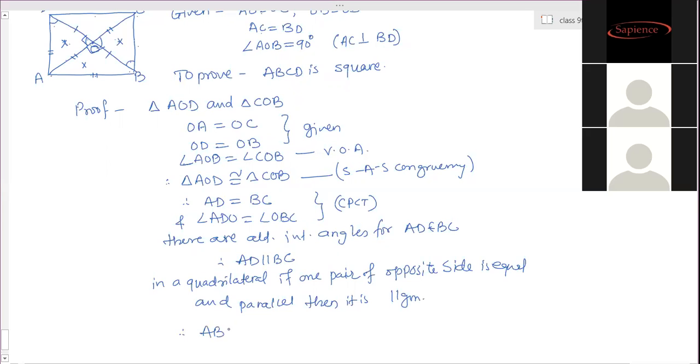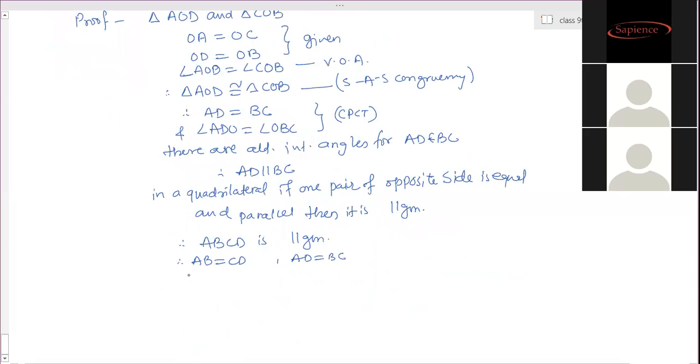So therefore, ABCD is a parallelogram. So therefore, AB is equal to CD, AD is equal to BC, as well as AB parallel to CD and AD parallel to BC, that we got.